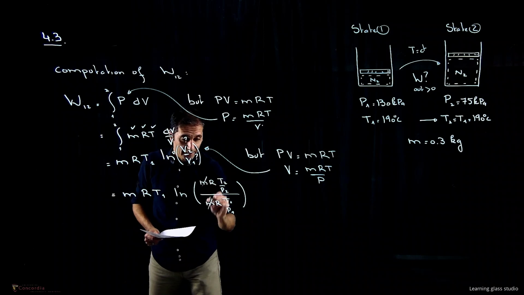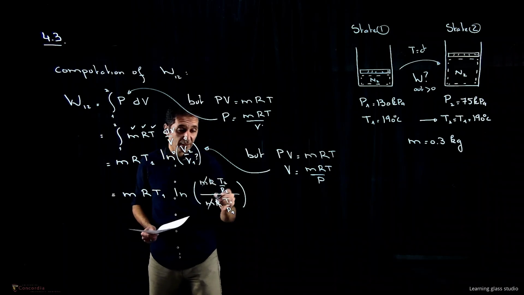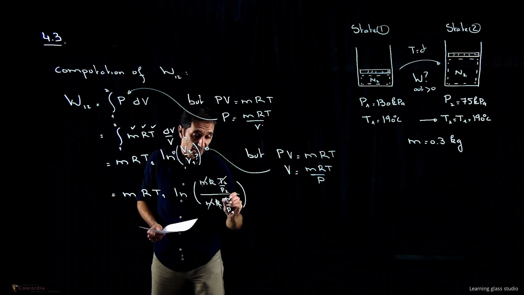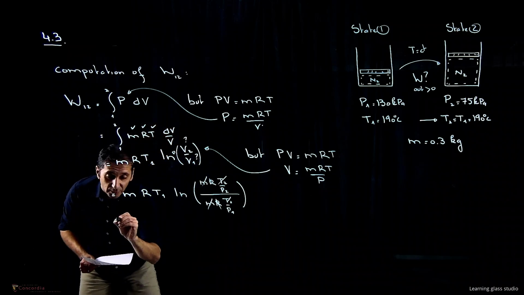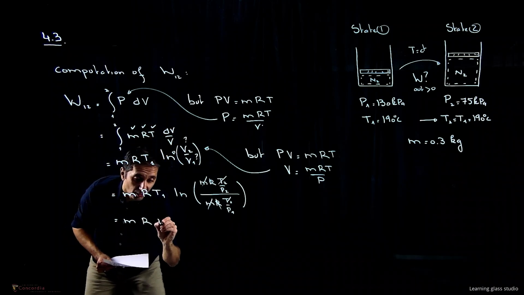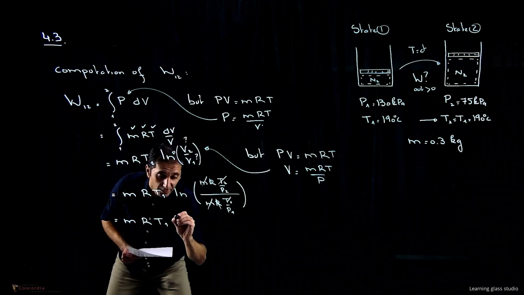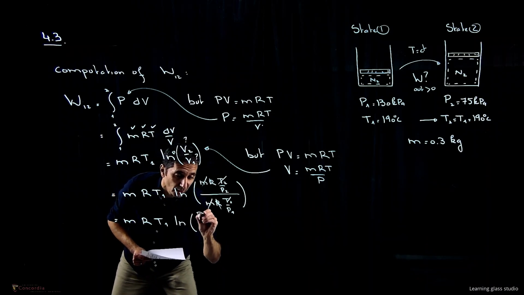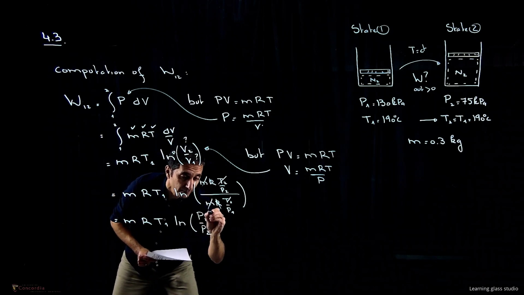The same mass, same gas constant. Interestingly, we have an isothermal process. So this would give us mRT1 ln of P1 over P2.